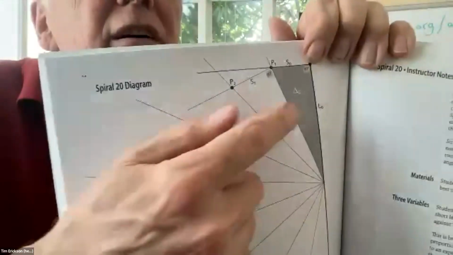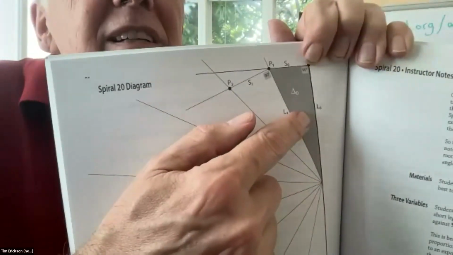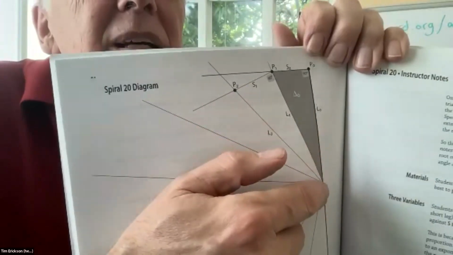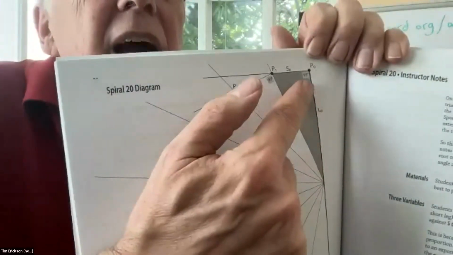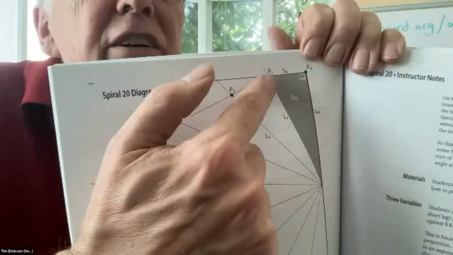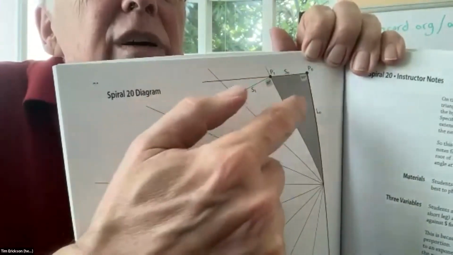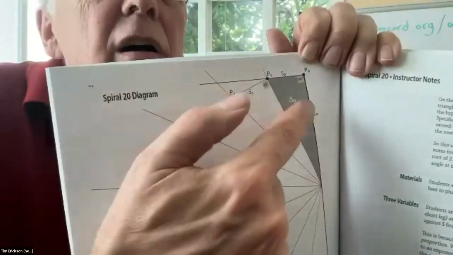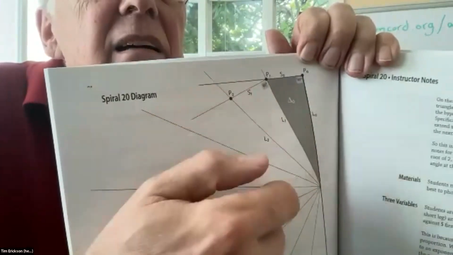The first triangle, or actually the 0th triangle, is already filled in, delta 0, triangle 0. What has happened is, we started out here and we turn 90, we go out the ray and we turn 90 degrees and go until you hit the next ray. So we've made a right triangle, and this is the hypotenuse that is longer than this initial leg.